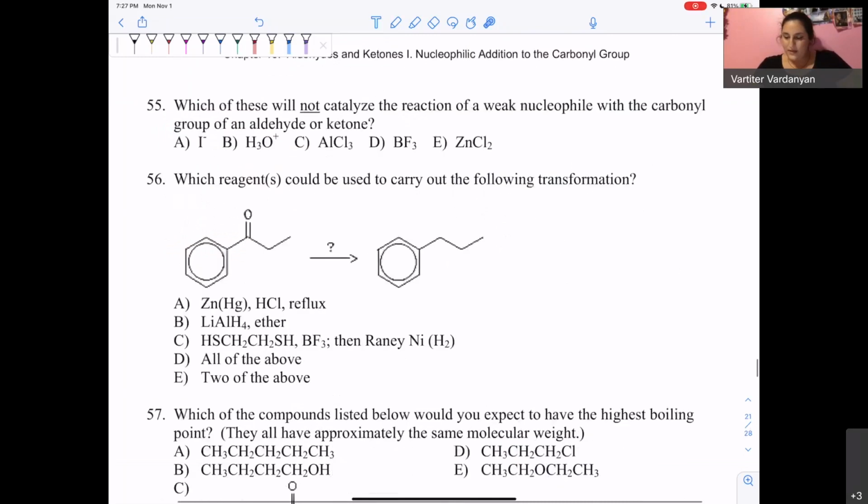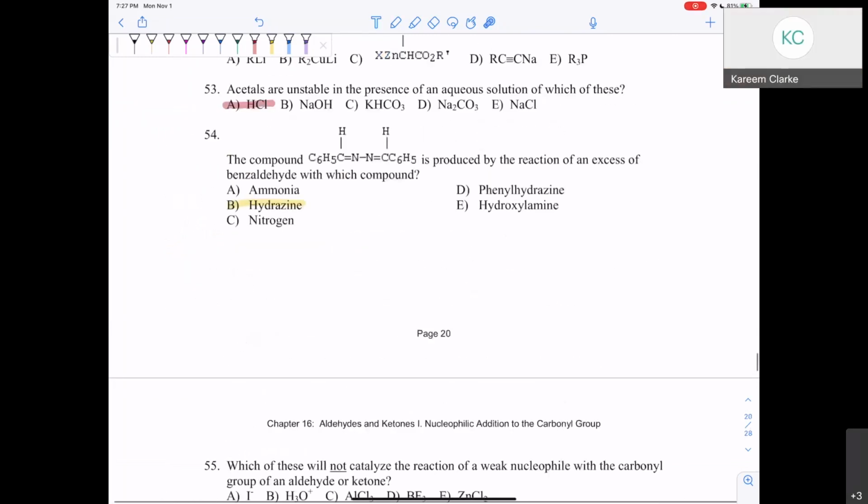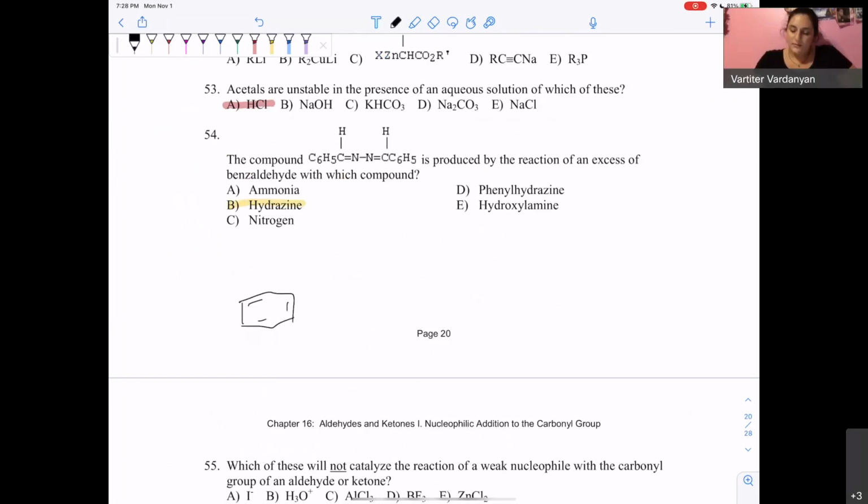What happens in this reaction? Have you seen the hydrazine reaction? Yeah. Okay. So it's essentially just the hydrazine reaction, and you would get this.